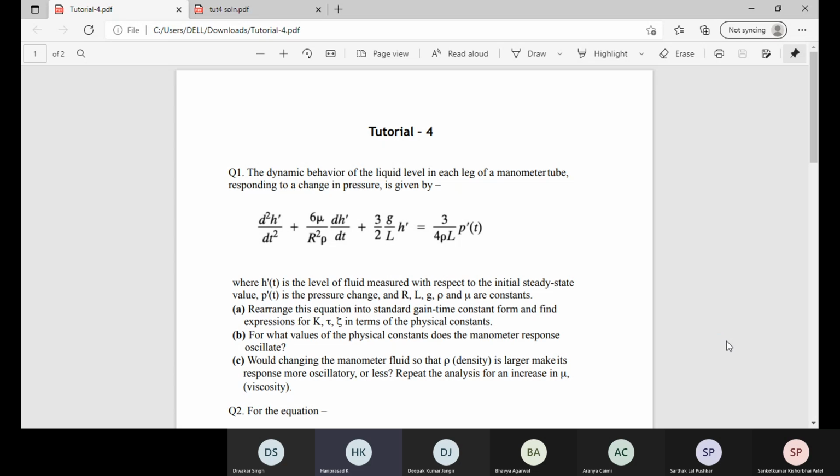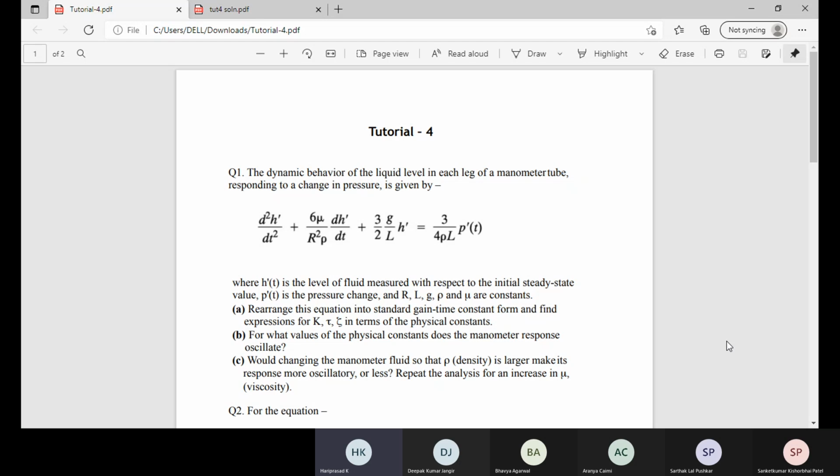Then, if you have done that, the next question is asking for what value of the physical constants the manometer response will oscillate. So you have to understand what oscillation corresponds to: in what case you will have oscillation, whether it is overdamped, underdamped, or critically damped.